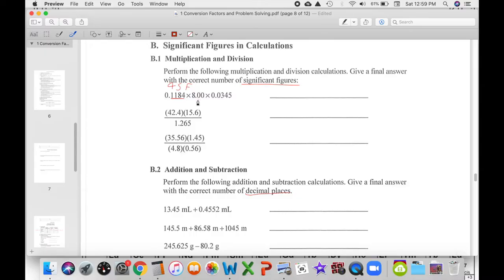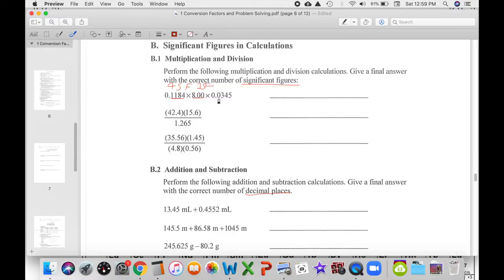They may or may not be significant depending on if the number has a decimal point. Does this number have a decimal point? Yes, it does. And so these zeros will count. The person who wrote down this number wrote those numbers down on purpose, and therefore it means that those zeros were measured and therefore they count. So if that 8 and the two zeros are significant, that means this number has three significant figures.